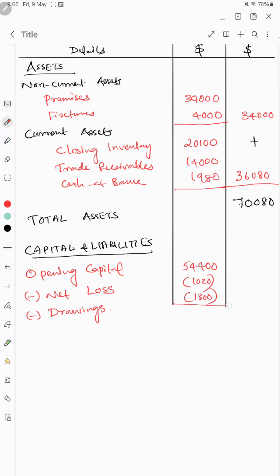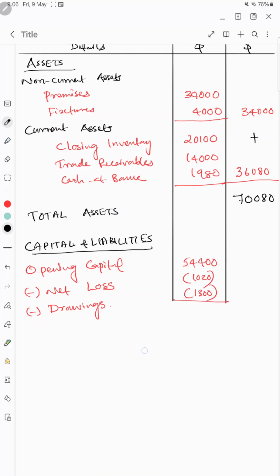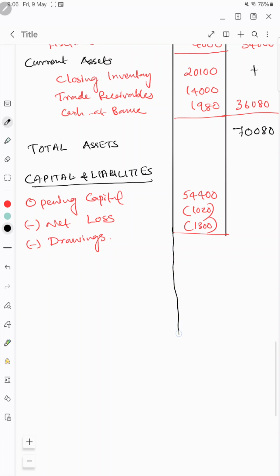Now take the items in the outer column. I'm extending lines. 54,400 minus 1,020 minus 1,300 will be 52,080. That is capital.